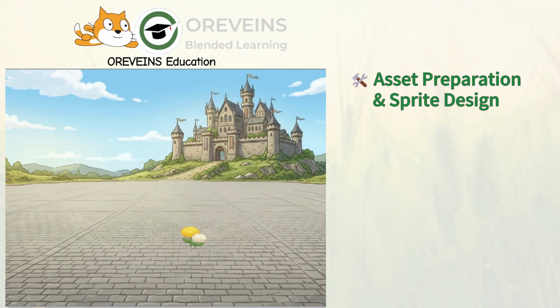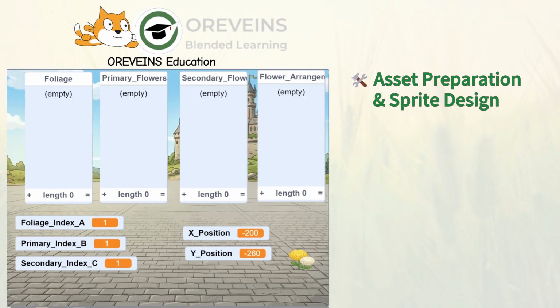To manage so many plants systematically within our program, we must first build a clean database behind the scenes. We prepare 4 important data lists: foliage to store the green accents, primary_flowers for the focal flowers, secondary_flowers for the filler flowers, and flower_arrangement ledger to automatically record each completed arrangement.